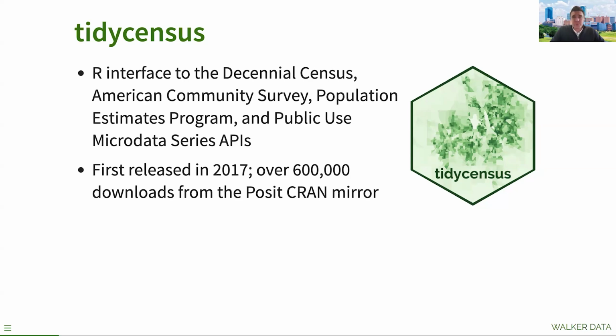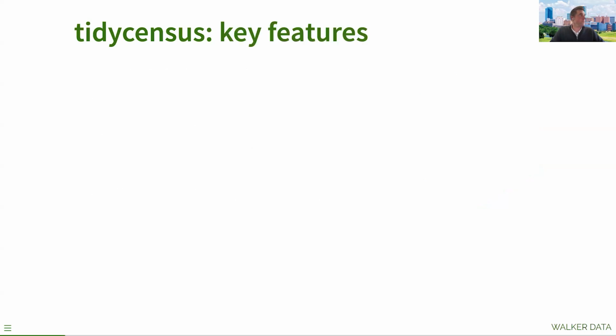It's crazy to think it's been around for 8 years. In those 8 years, it's been downloaded, at least from the Posit CRAN mirror, over 600,000 times, potentially many more. The usage of Tidy Census has really been fantastic to see, with the uptake within the community. And so we're going to be working with that today.